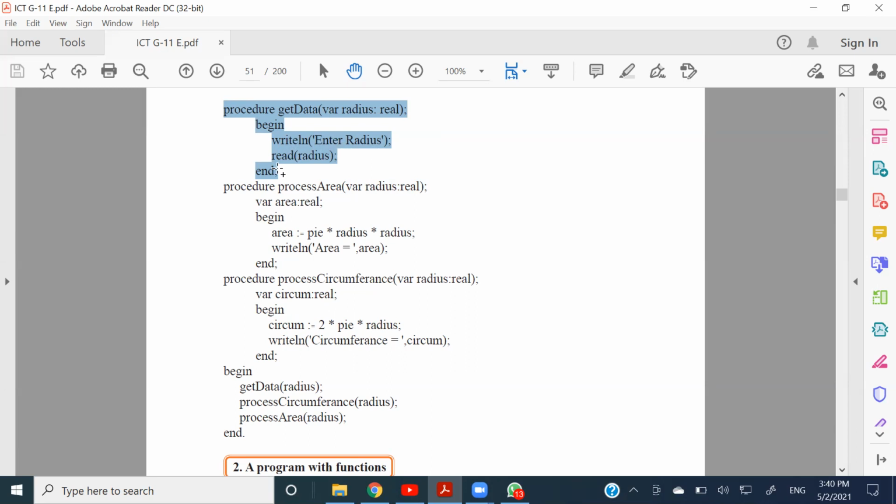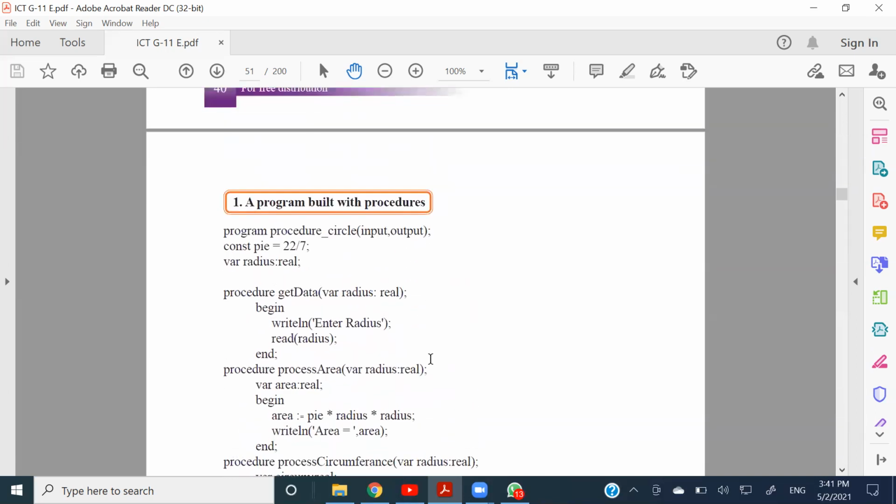Yes, Anitra, that's correct. Why are we saying it? Because it is the next in the line after get data. And Saran, about your question, can you explain why they have written radius? Are you asking what is the purpose of using the radius, or why they have written something like radius?